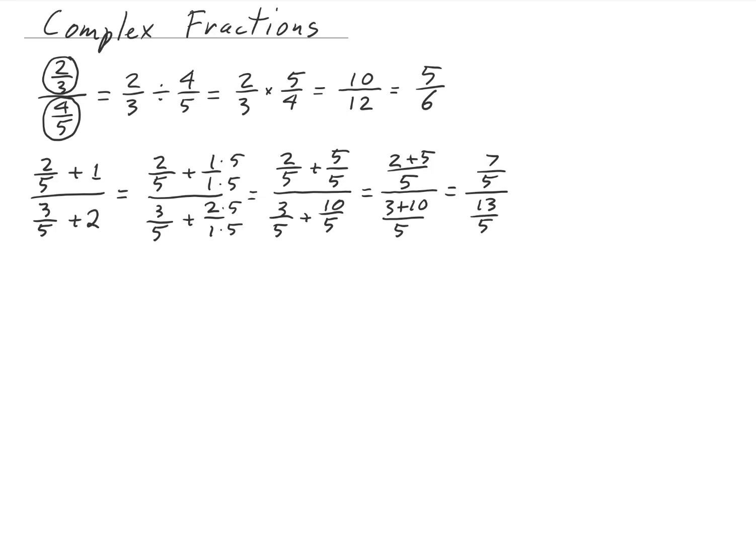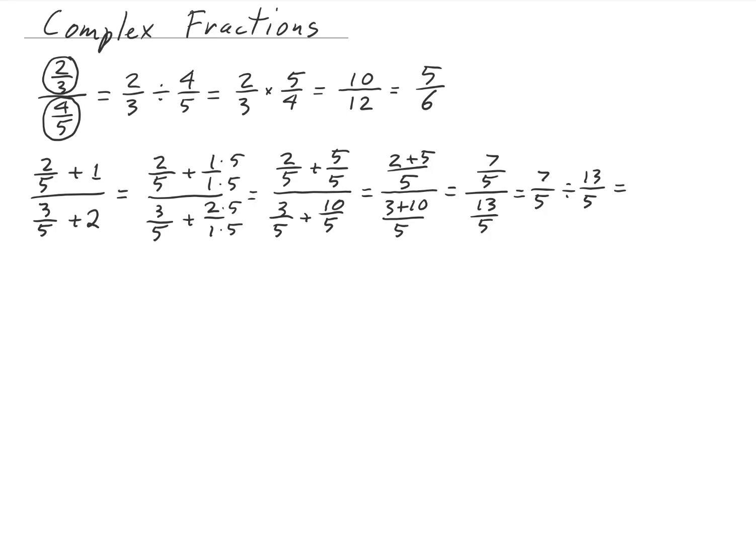Now we've got a single fraction on the top and a single fraction on the bottom. Now I can write that as a division problem. 7 over 5 divided by 13 over 5.